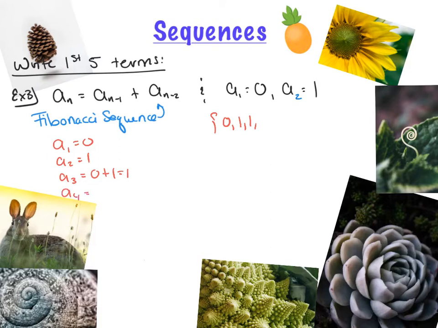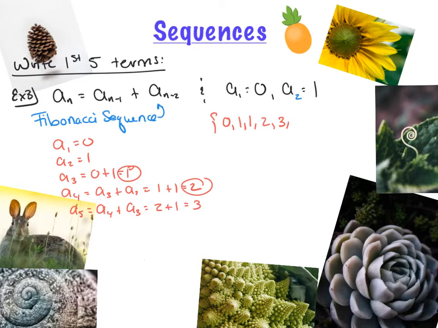The fourth term is the third term plus the second term, so 1 plus 1. The fifth term is the fourth term plus the third term, so let's see, 1 plus 2. Actually, let me write that in the correct order. The fourth term is 2 and the third term is 1.